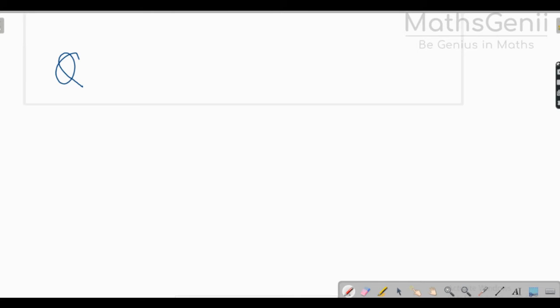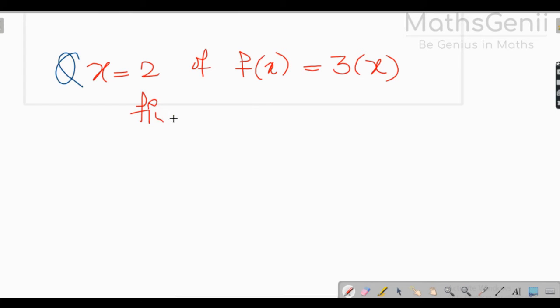So your question is, at x equal to 2, f of x is equal to 3x. It says find the derivative using first principle.